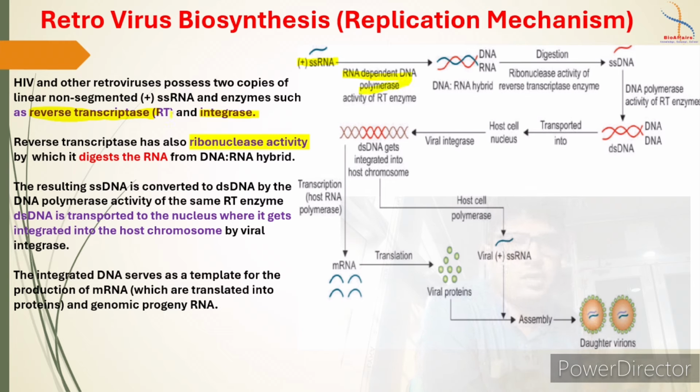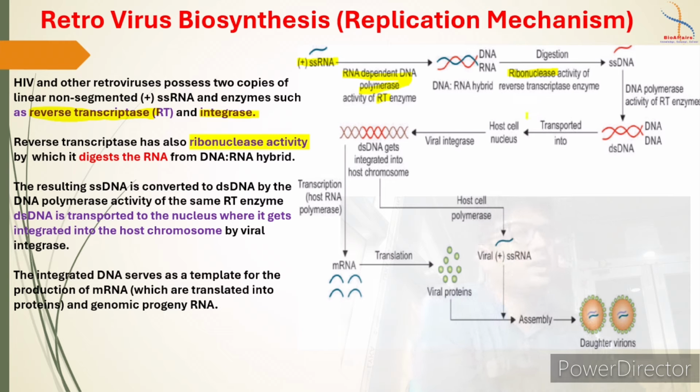In the next step, what do you have? You have one copy of RNA and one copy of DNA. The RNA is from the parent virus, the parental genome, and the DNA is newly prepared, right? Now this RNA will be digested by ribonuclease, an enzyme whose function is digesting RNA.